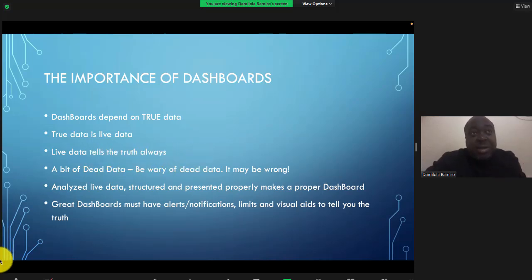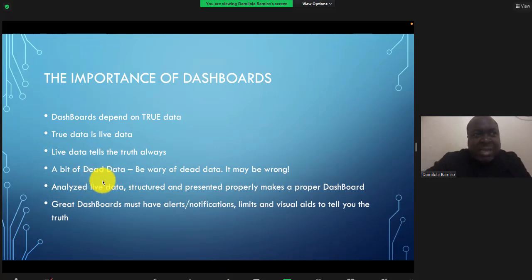But of course, every dashboard may have what you call dead data. Sorry, I'm using live and dead, but it's just a way of seeing that when you, as the academic planning head, go to your, let's say, bursary, and you say, give me this data, whatever they prepare for you, that's dead data. It's not alive.